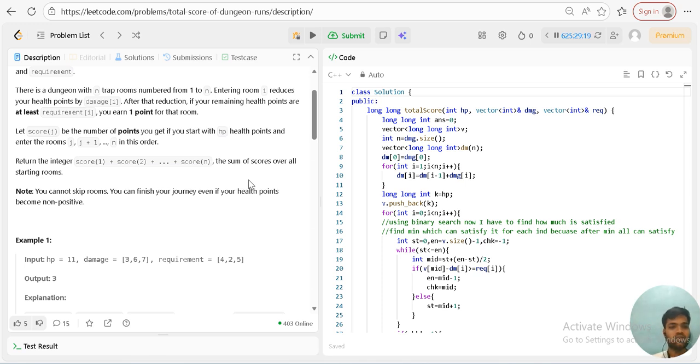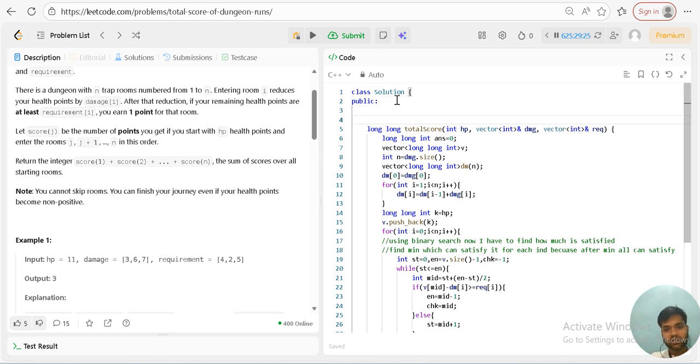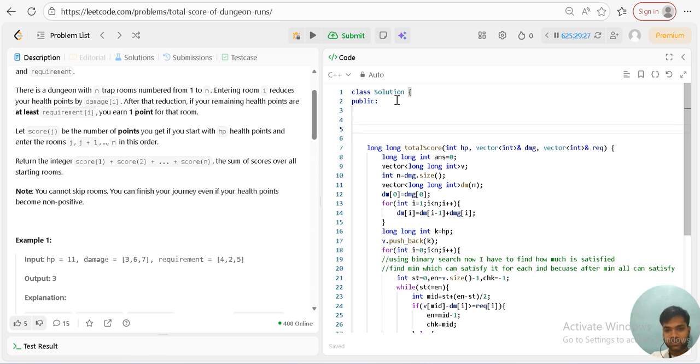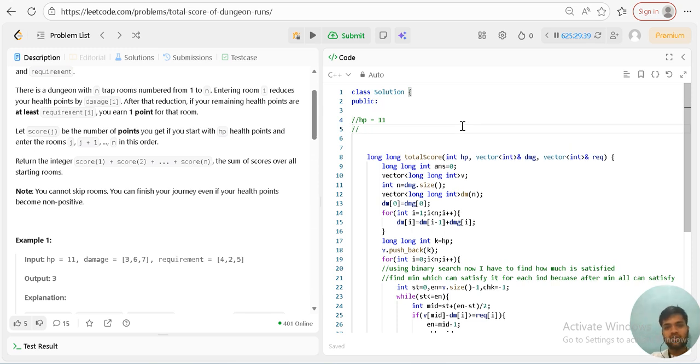Okay, so after checking this description, I found that first we need to work through some example for better understanding of the problem.